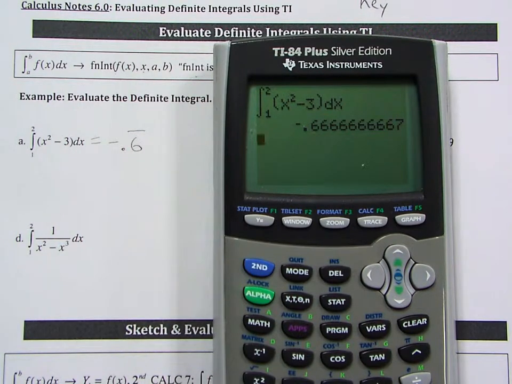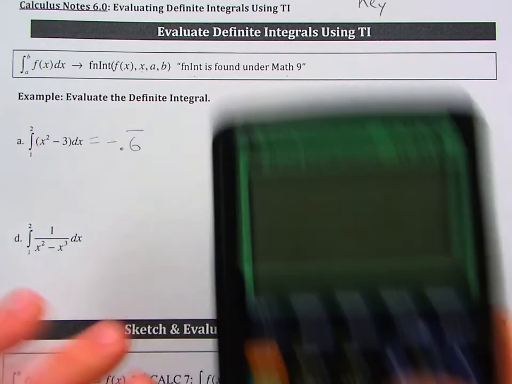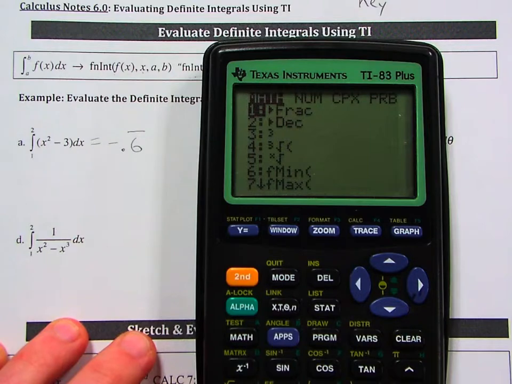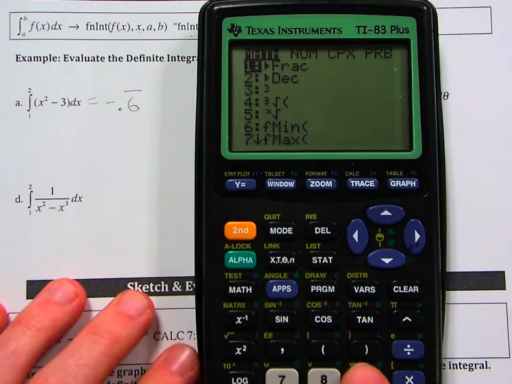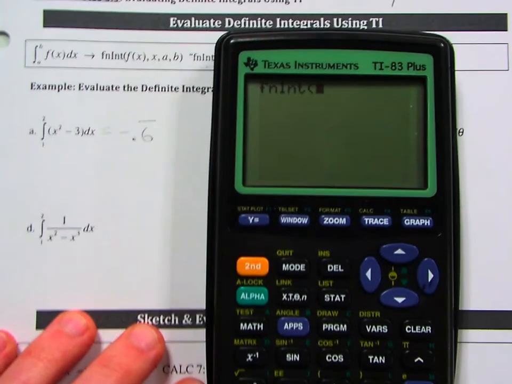Now we might see it another way on a different calculator. If you're on a TI-83 or one that doesn't have the special setup, you still push math and then number 9, and there you have fnint.